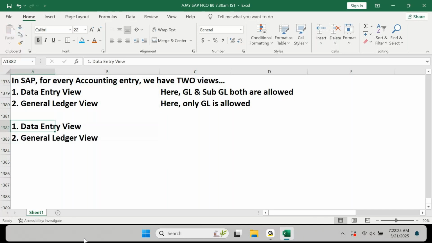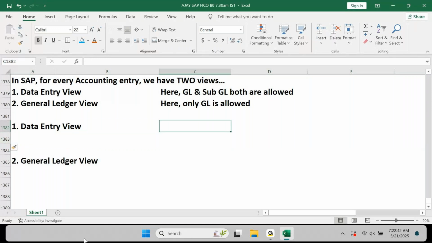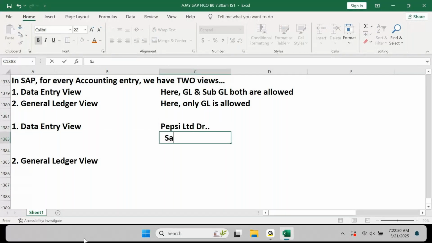If I bring this down, for our scenario, accounting entry will be what? Customer account debit, sales account. In our example, who is the customer? Pepsi Limited. So if I have to write the accounting entry, Pepsi Limited debit, sales credit.